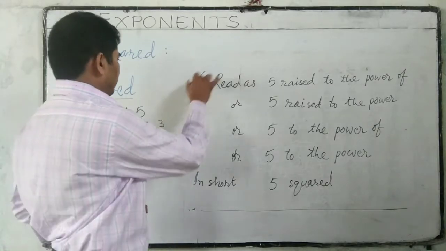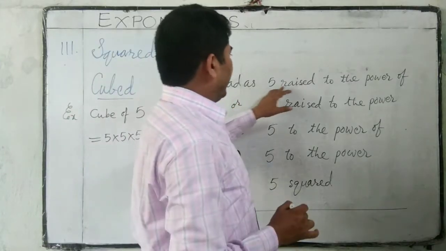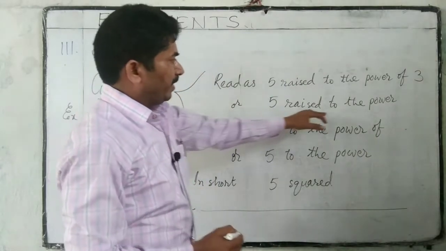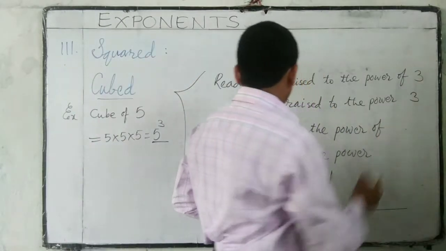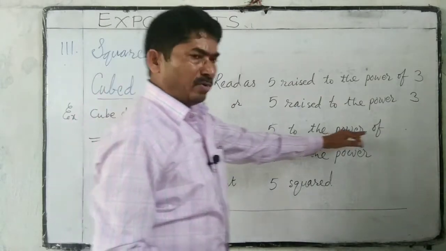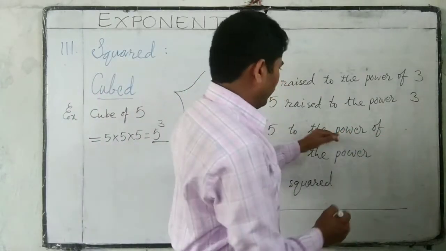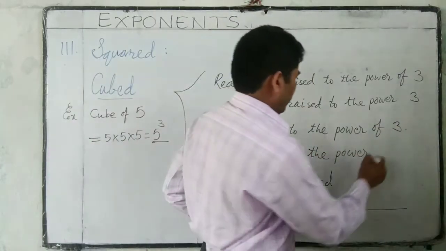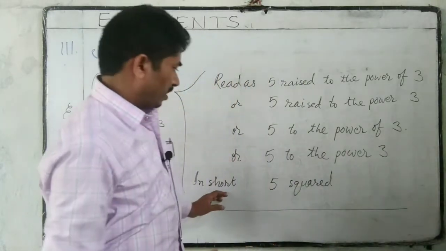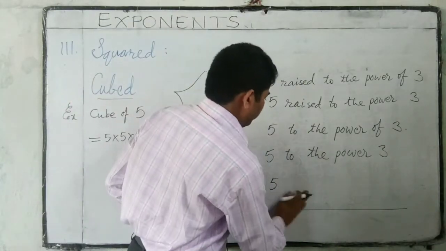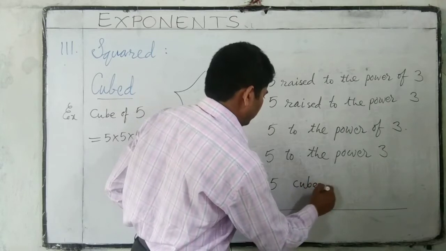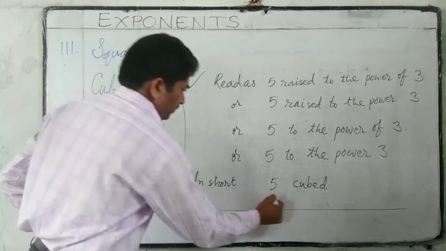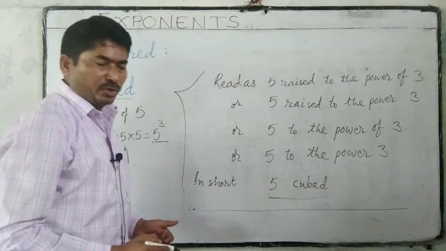We can read it as 5 raised to the power of 3, or 5 raised to the power 3, or 5 to the power of 3, or 5 to the power 3. In short, 5 cubed. We can read it these many ways.